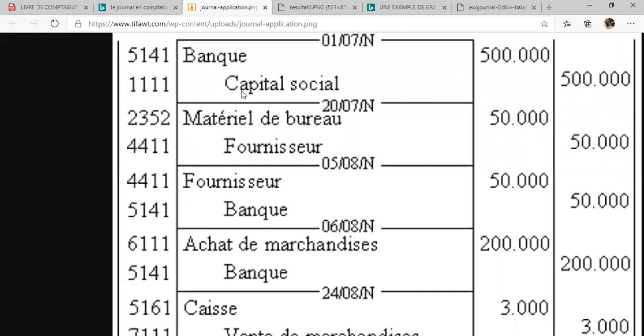When we write that in the journal, it will translate to bank with that figure, and for capital social, the same figure. So there's no need for sorting here, really. You just have to classify them and write the figure which corresponds to it. I don't know if that's clear.